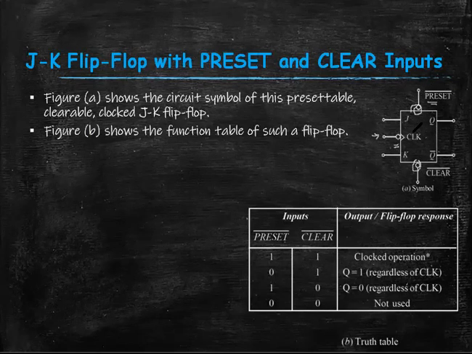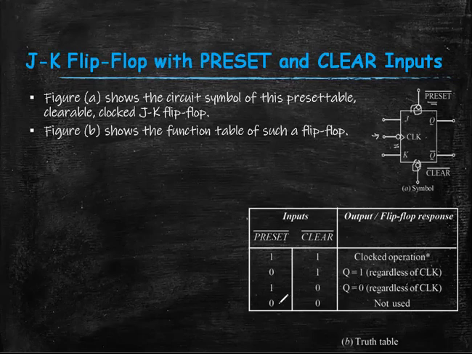And when the preset is low, preset is active, the output is high. And when the clear is low, clear is active, it is reset. Here it is set and here it is reset.